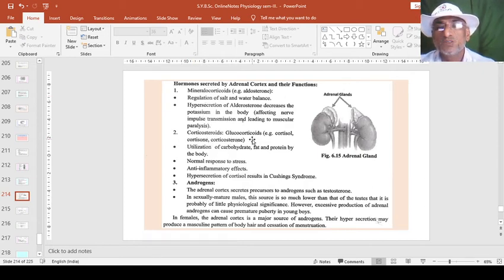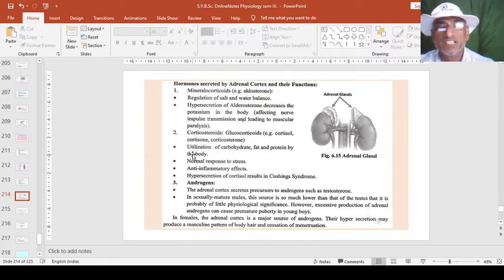It includes glucocorticoids, for example cortisol, cortisone or corticosterone. These are the hormones responsible for maintaining the corticosteroids in the body.